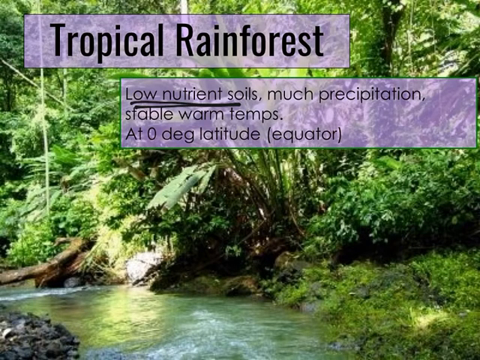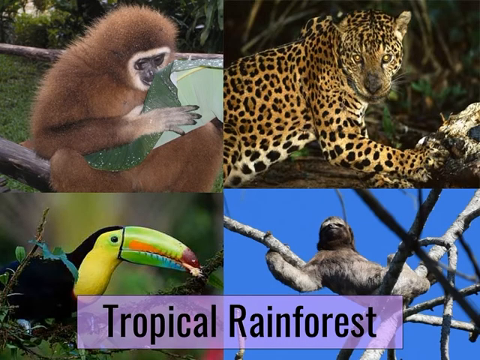In the tropical rainforest, we'll see a variety of organisms and these large leaves. Look at this large leaf the white-handed gibbon is holding. Think about why this leaf might be so big. If it was found in the lower parts of the tropical rainforest canopy, leaves are big because at the bottom of a canopy, as opposed to the top of a canopy, there's not a lot of sunlight available.